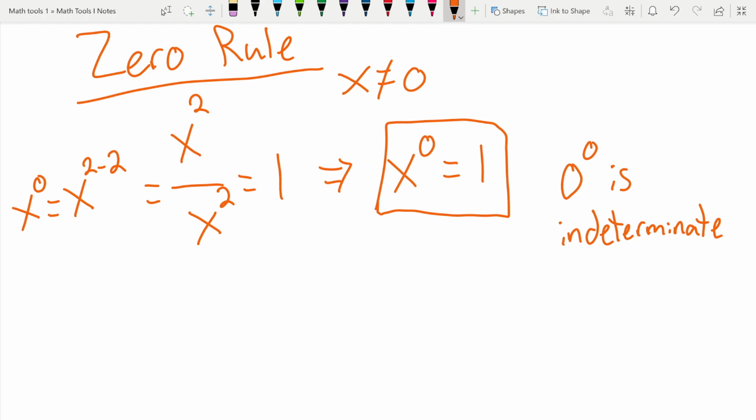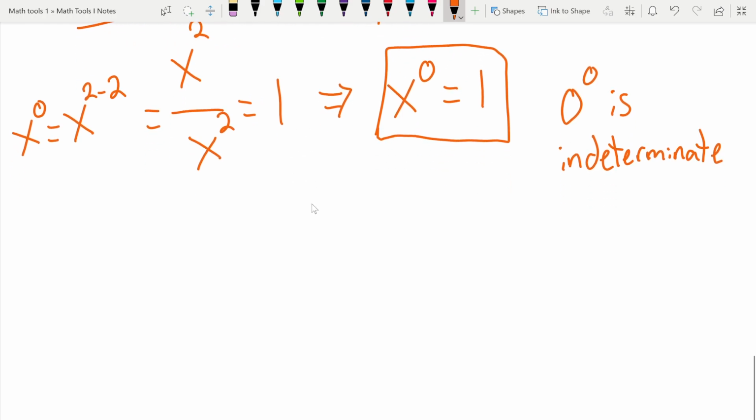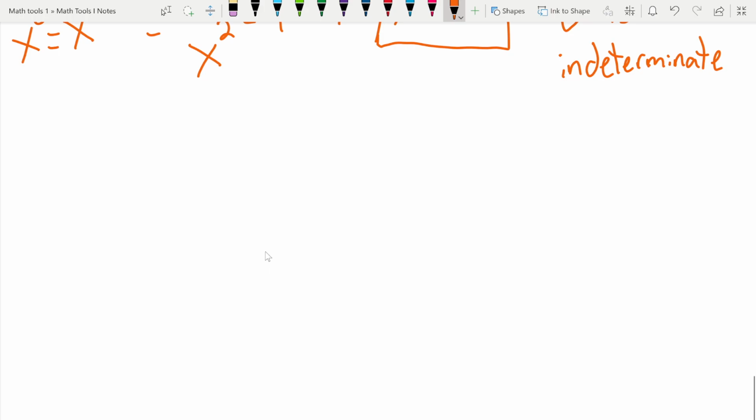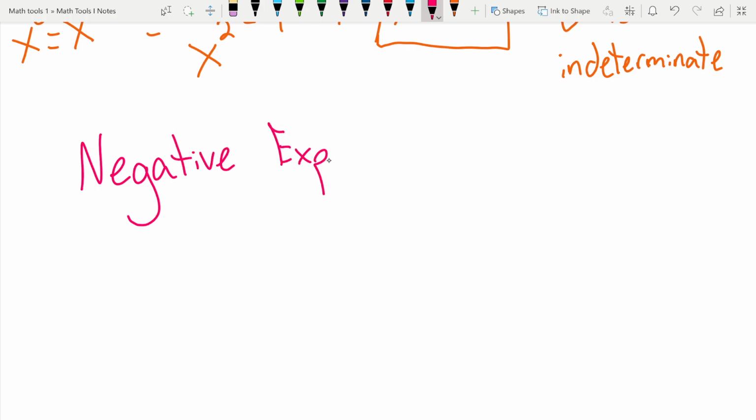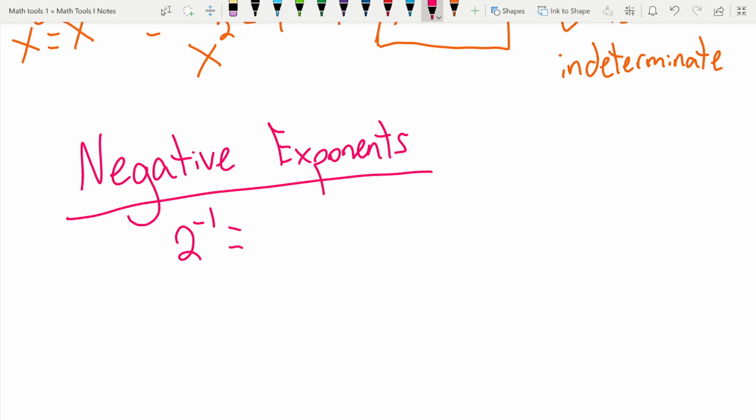All right, so next we'll look at negative exponents. So what is a negative exponent? If we just think of something like 2 to the negative 1, this is more of a definition than something we have to show.